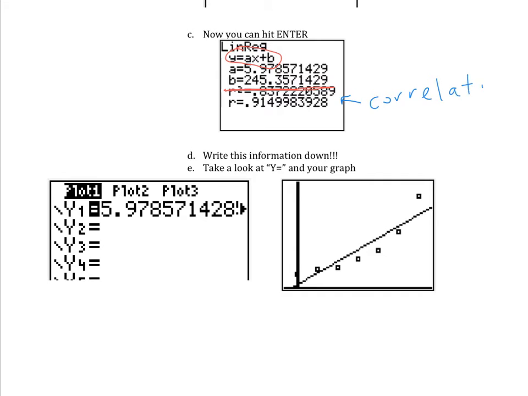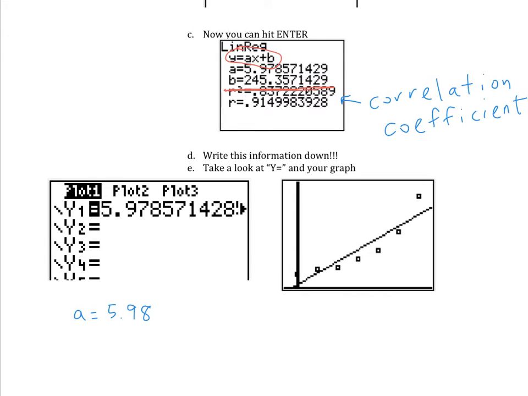That's important. All right? So, there's our correlation coefficient. Now, I want you to write all of this down for number 7a. So make a side note: our a value is equal to 5.98.